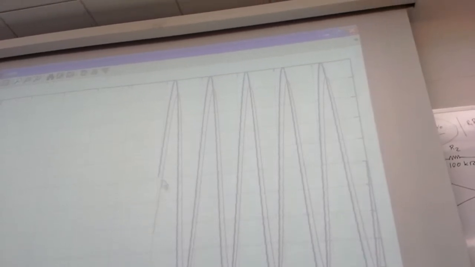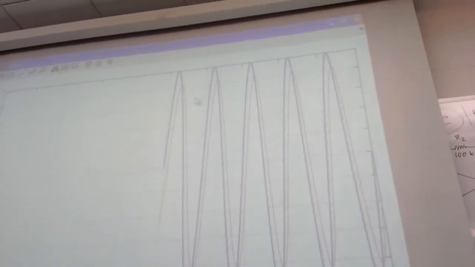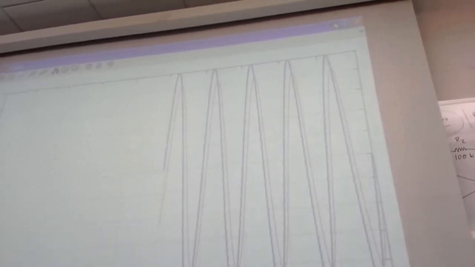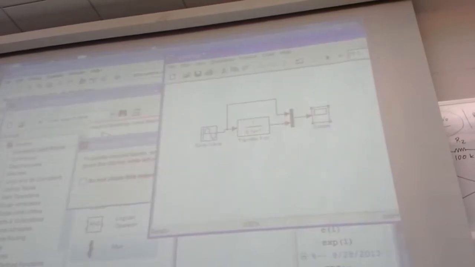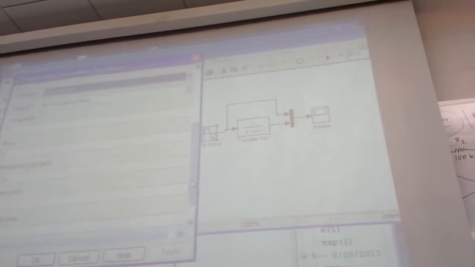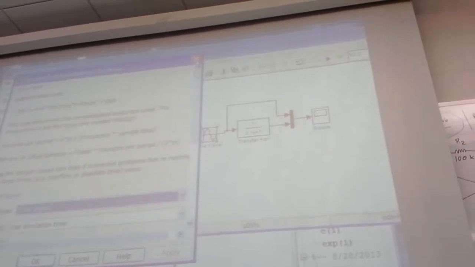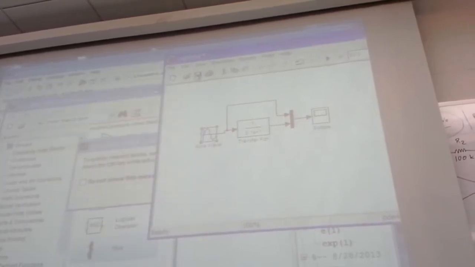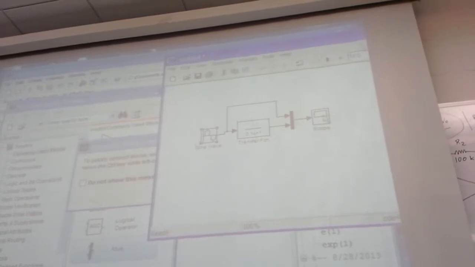Oh, why is it 5 seconds here? Why did I miss it here? So the step is 5 seconds here? No. I think you need to do it here.